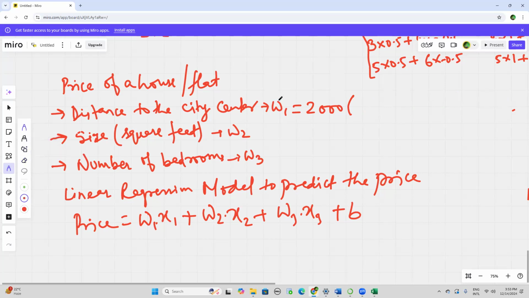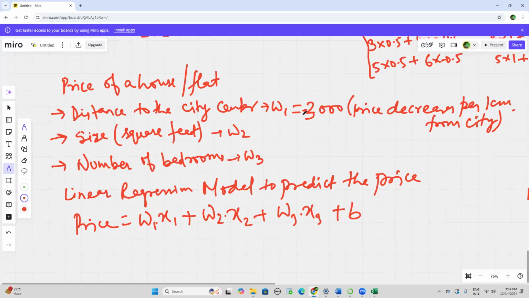So let's say this is minus 3000. I will tell you why I'm giving minus to it. So the price will decrease per kilometer from city. Now you guys tell me why I have written minus here.